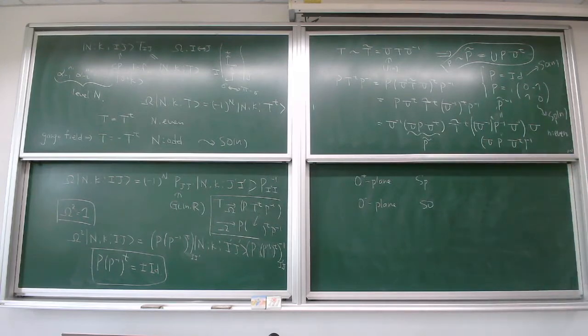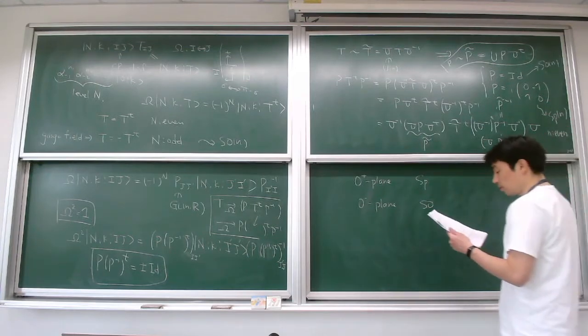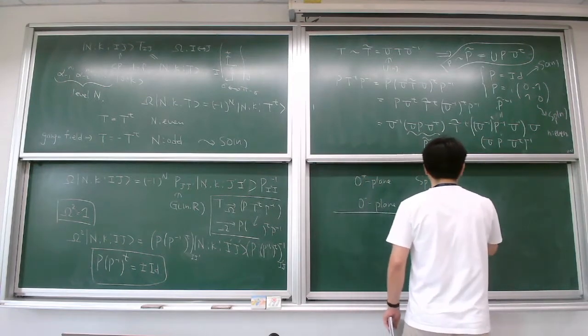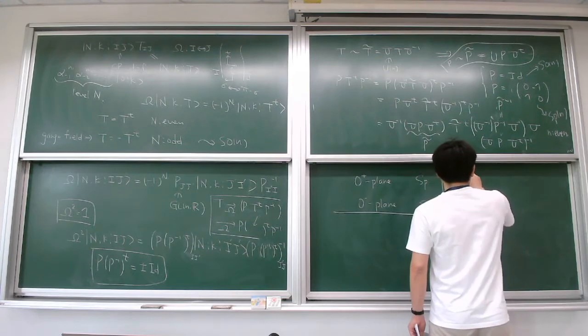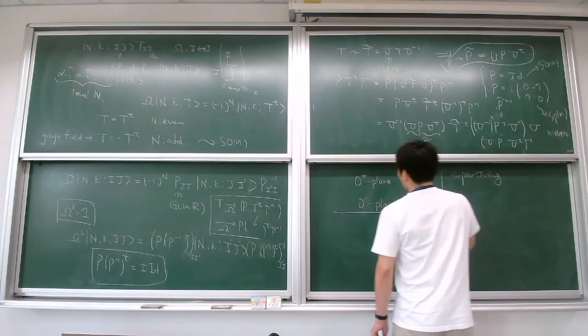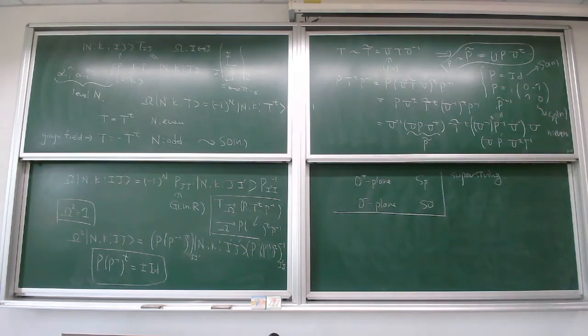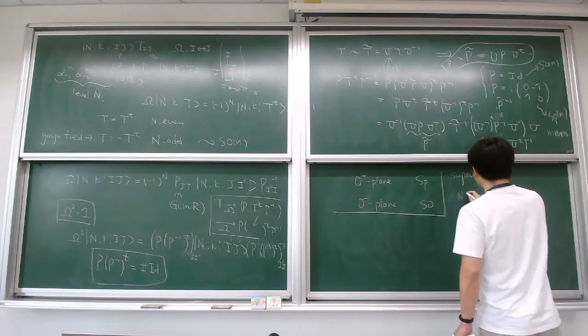So we just briefly considered the bosonic string case, and now we are going to talk about the superstring case. For superstring, this is O minus. Let's take a look at it. The same thing happens for the NS sector.